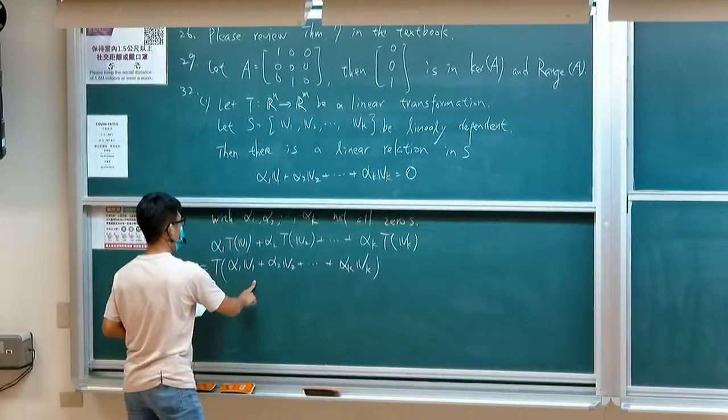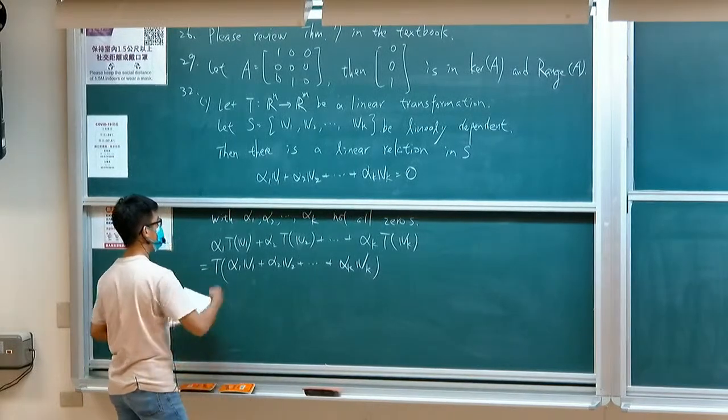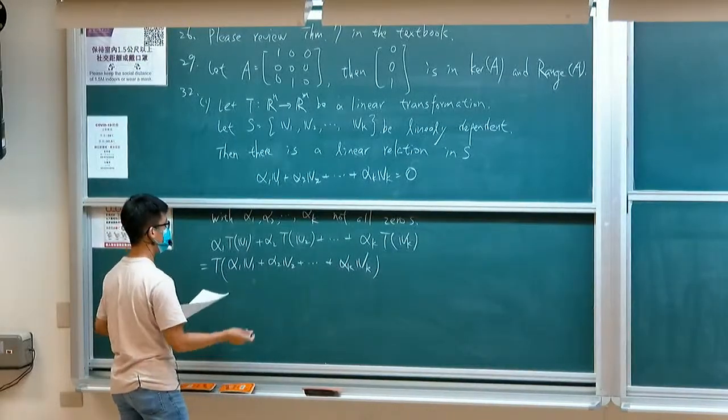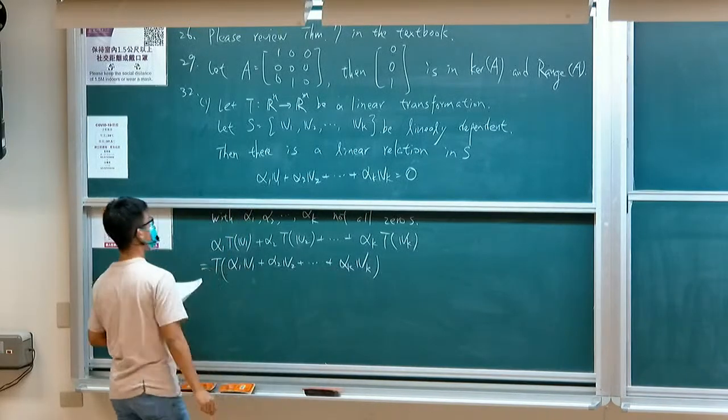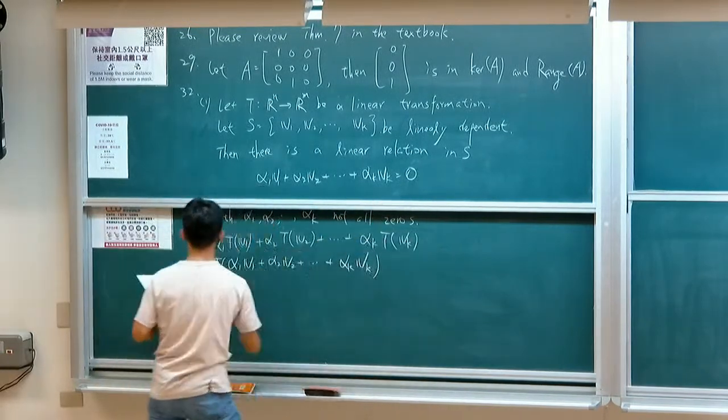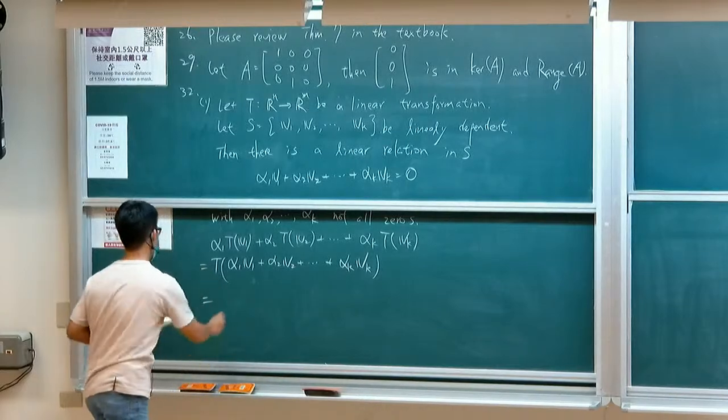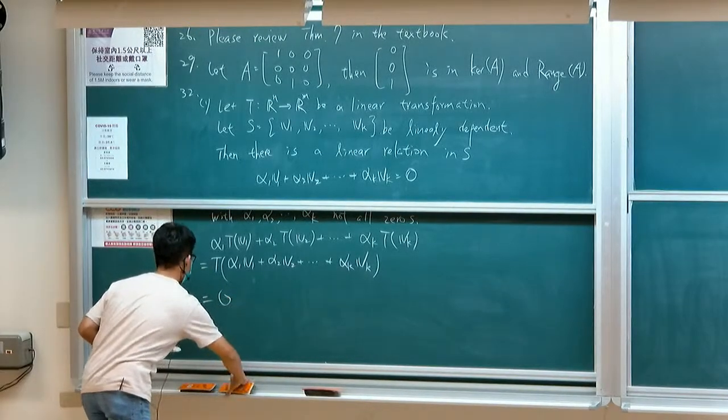Since any linear transformation maps zero vectors to zero vectors, and we know that this term is a zero vector, so this is 0.